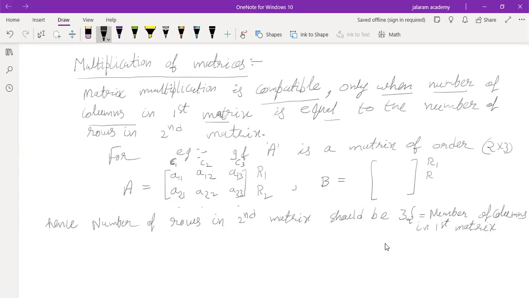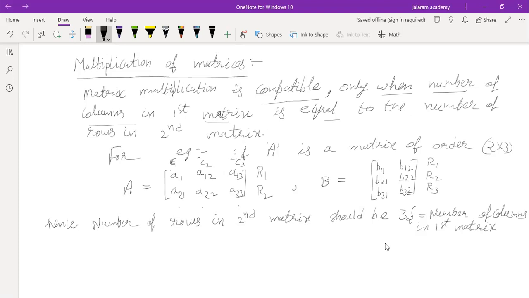R1, R2 and R3. Now we will represent the elements of matrix B by small b. B11 means element of first row, first column. B12 means element of first row, second column. B21 means element of second row, first column. B22 means second row, second column. B31 means third row, first column. B32 means third row, second column.